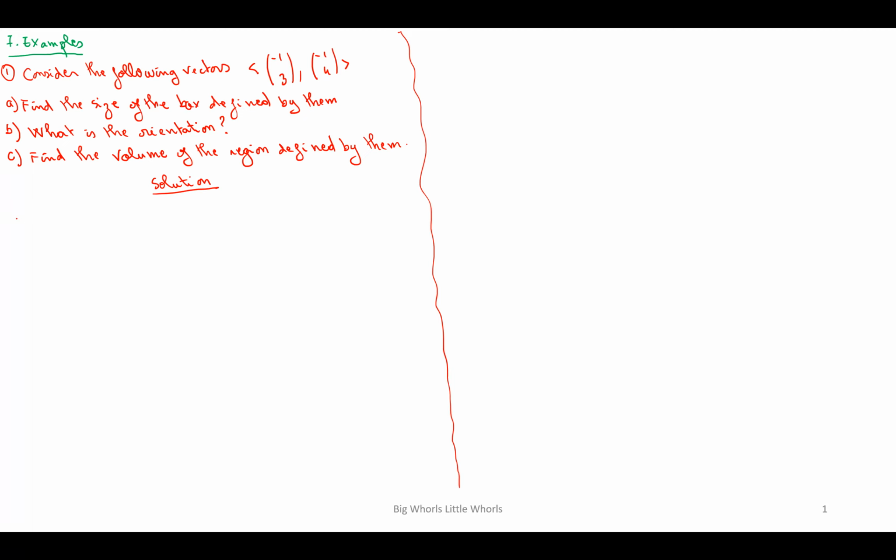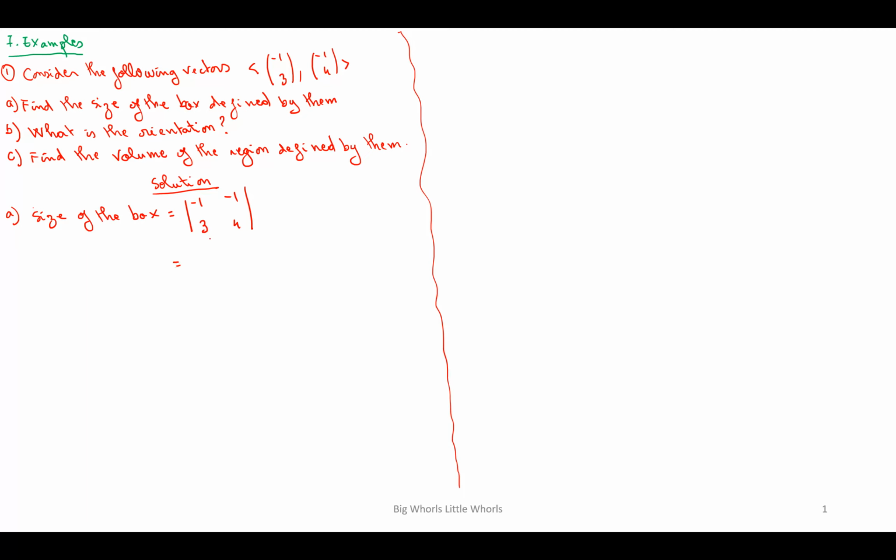With part A. We have seen earlier that the size of the box is going to be the determinant of these two vectors, (-1, 3) and (-1, 4). Here we don't need to do Gauss's method.